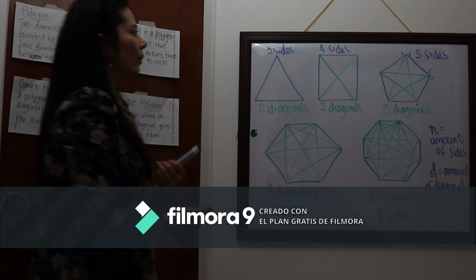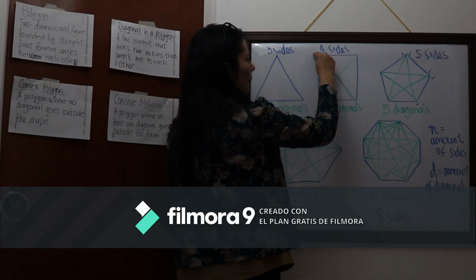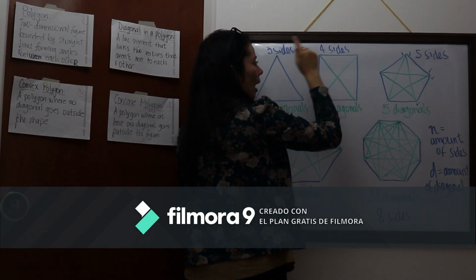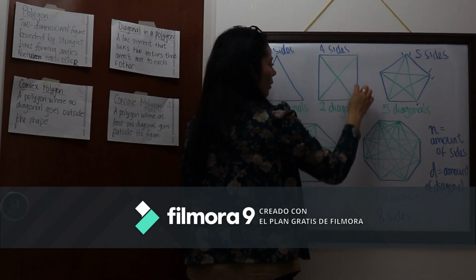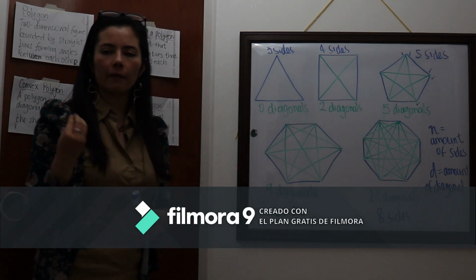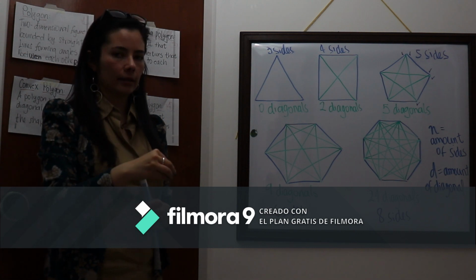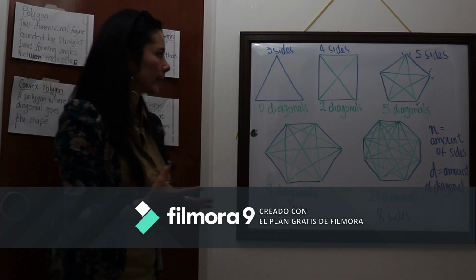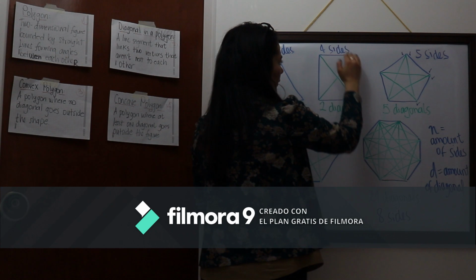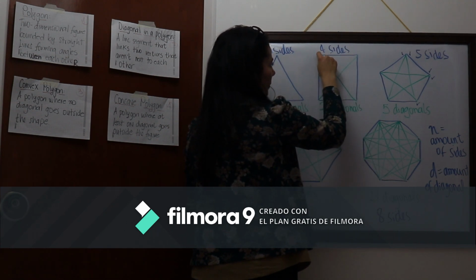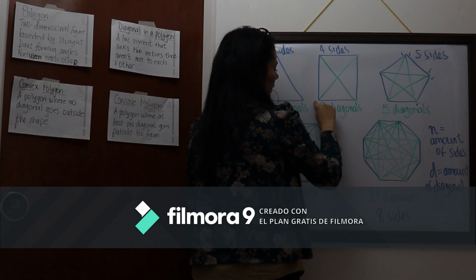But I also need to understand that the amount of diagonals I'm getting only comes out of one vertex, and I need to count all the vertices we have in the polygon, which we know is the same number as sides the polygon has, right? So whatever amount of diagonals come out of one vertex has to be the same amount for all vertices in the polygon.